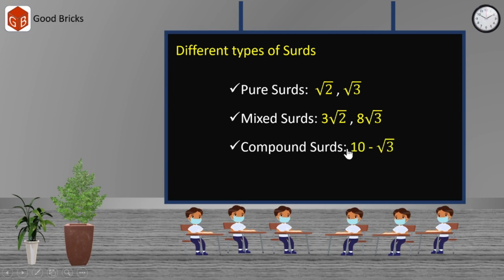Next, 10 minus root 3, 10 plus root 5, this kind of irrational numbers are called compound surds. Why we are discussing this is, our first problem in this exercise is related to pure surds, whereas the remaining problems are related mostly to mixed and compound surds.